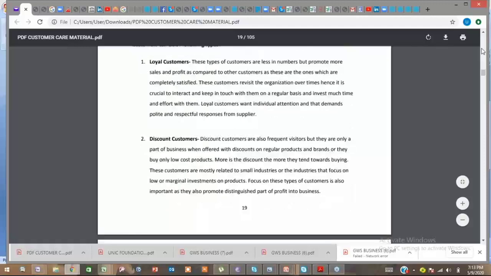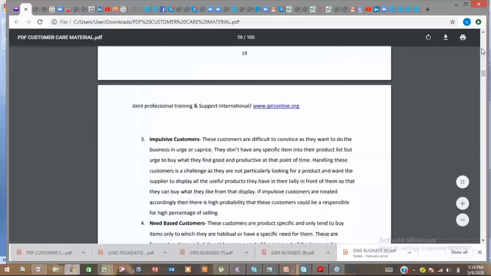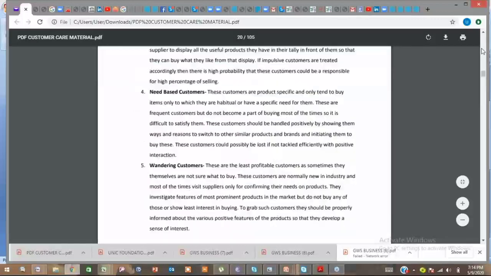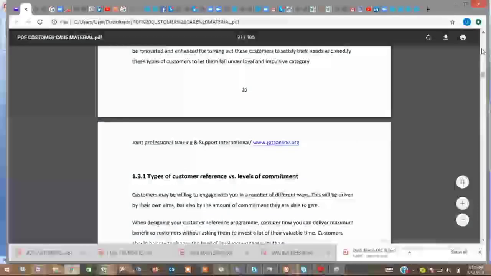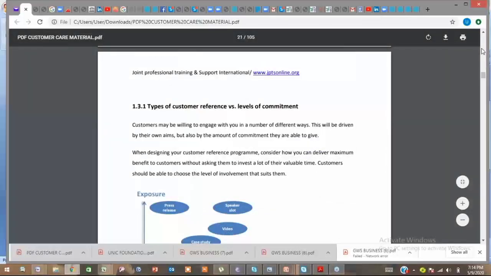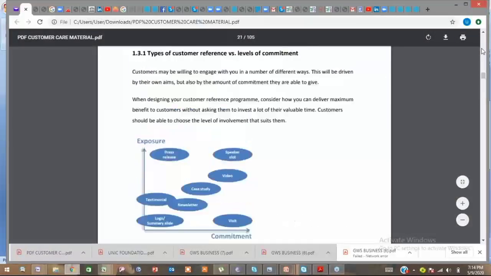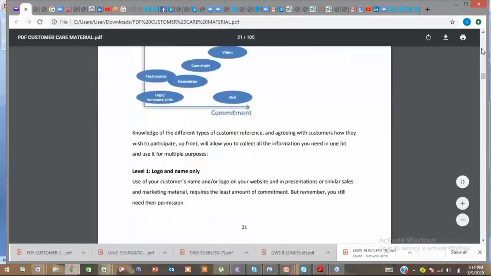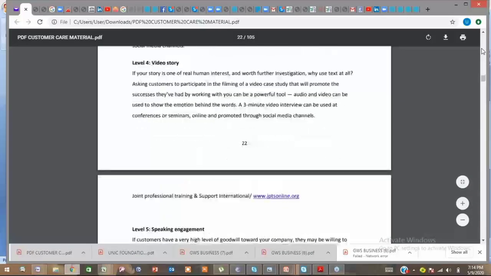So I know the question will come in the form of application questions, and I'm actually telling you this. I want you guys to prepare your mind for that. Type of customers versus level of commitment. So you should know it from the explanation we gave above.